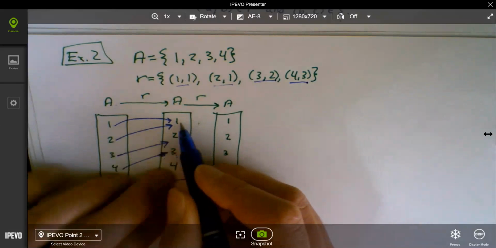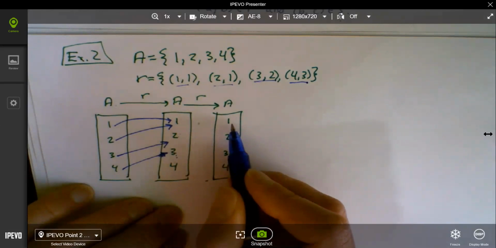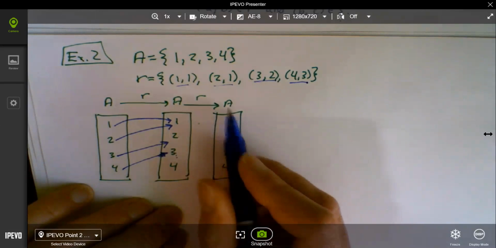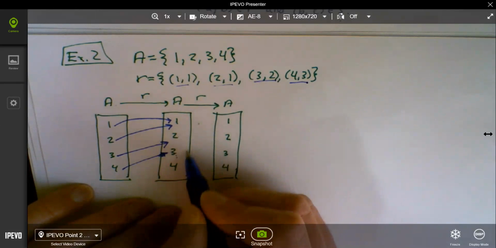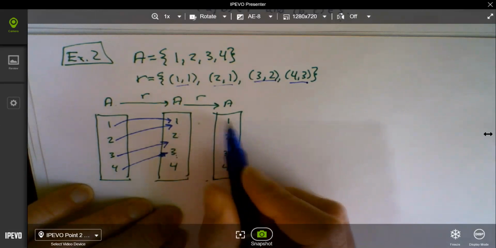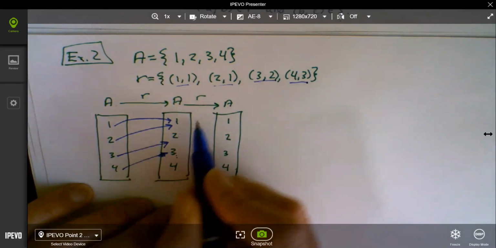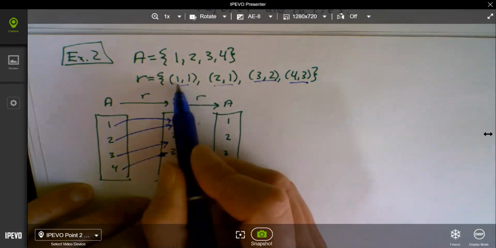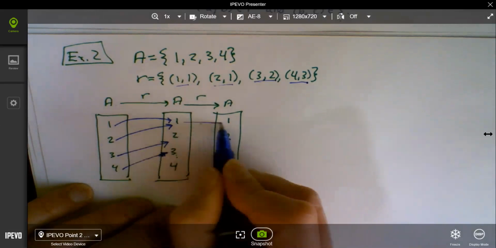So let's go from the middle column A to the right column A, mapping points 1, 2, 3 to their appropriate endpoints in the last column, the last rectangle. So using relation R, R says if you're at 1, map to 1.